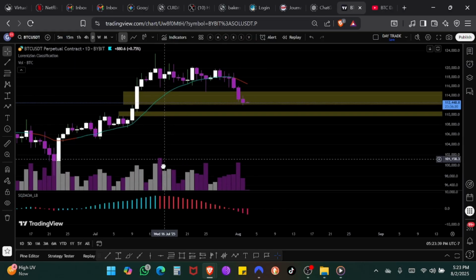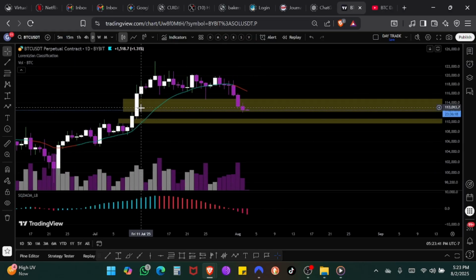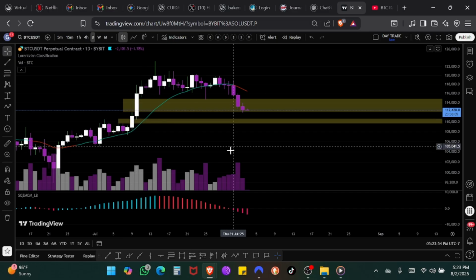What I count on being taken is this one, which already did. This was already taken. So it's not safe to go short when the price has hit one fair value gap, and it's probably about to wick down to this other one here.